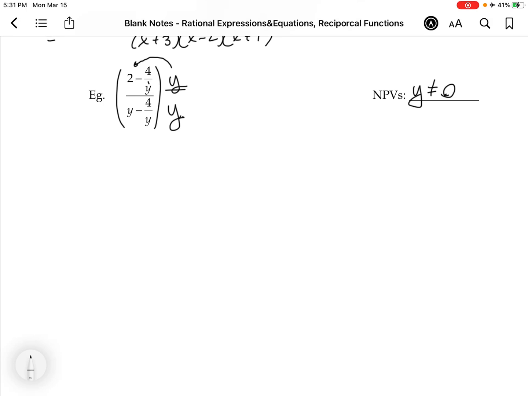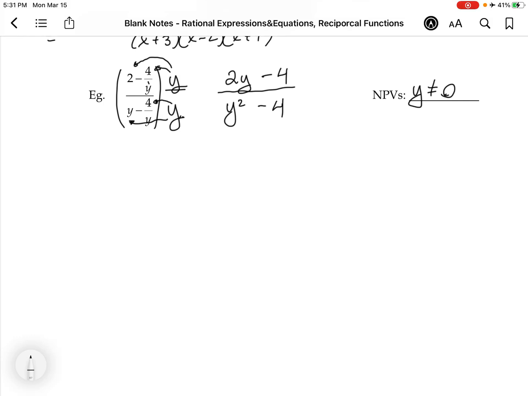Okay, now if I do that, I distribute this in, and I'm going to get 2y, and then minus 4 over y times y. The y's will cancel, so that'll become minus 4 over y times y is y squared, and then y times 4 over y is minus 4.